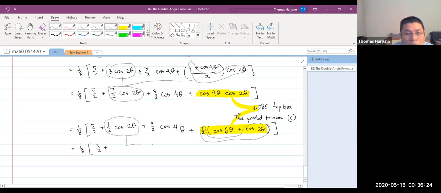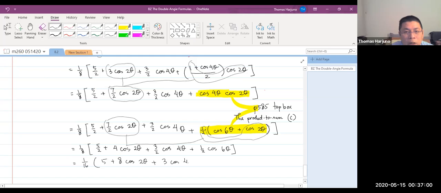If I add them, it becomes 8/2 cosine 2 theta plus 3/2 cosine 4 theta plus 1/2 cosine 6 theta. If I factor the 1/2 out, it becomes 1/16. Then I will get 5 plus 8 cosine 2 theta plus 3 cosine 4 theta plus cosine 6 theta.